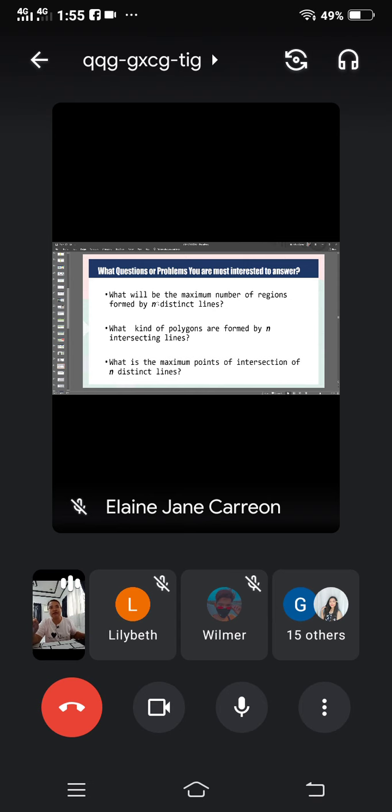Next, what kind of polygons are formed by n intersecting lines? Ano yung mga nabuong polygon out of those intersection ng mga lines na dinrawing nyo? Tapos, what is the maximum points of intersection of n distinct lines? So, ilan daw yung pinakamaraming o maximum points na nabuo dun sa intersection ng mga lines?